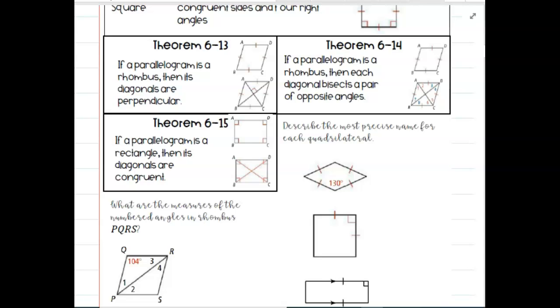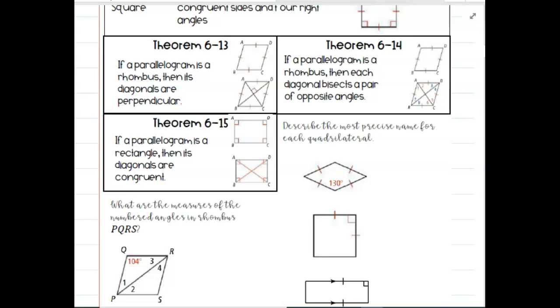So if it's a rhombus, the diagonals are perpendicular. And then theorem 6-14 says if a parallelogram is a rhombus, then the diagonals are also going to be angle bisectors. Okay? So they're going to bisect each other into two congruent segments, but if it's a rhombus, they are also going to bisect the opposite angles.